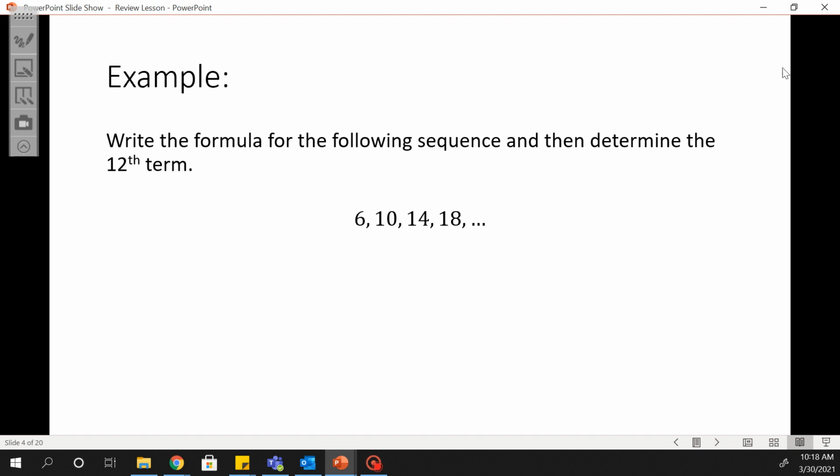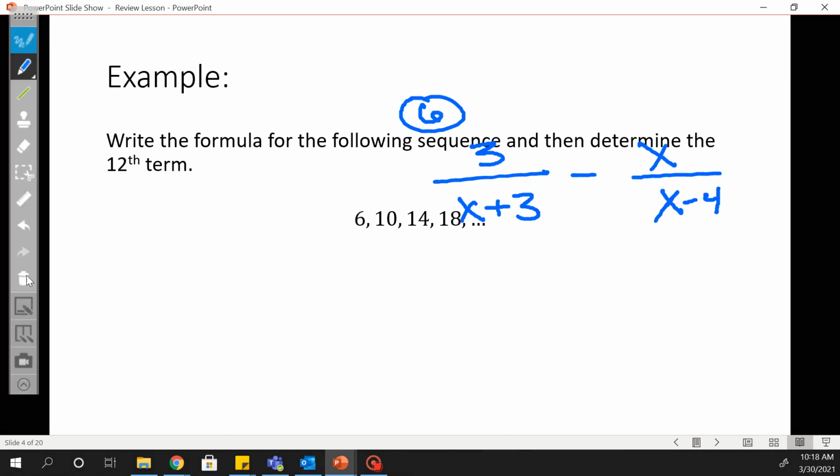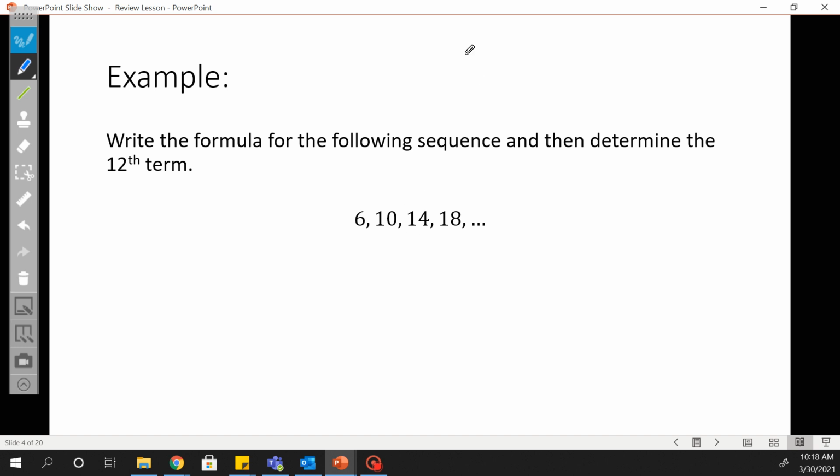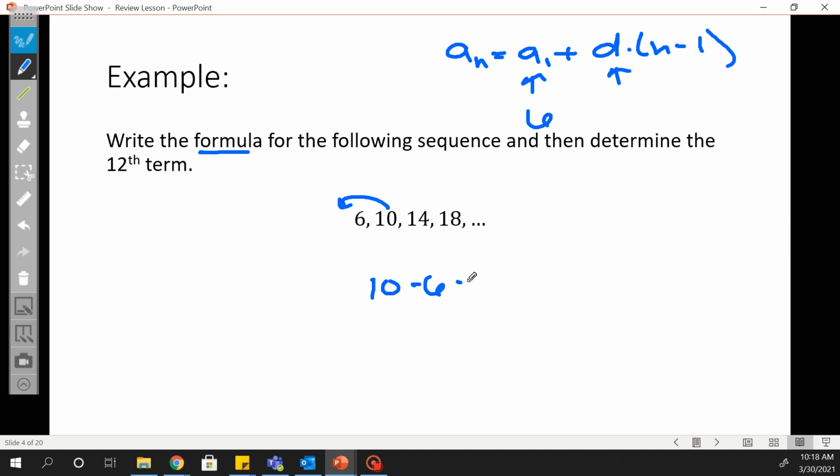An example of this type of problem that you might see: write the formula for the following sequence and then determine the 12th term. Our formula is an equals a1 plus d times n minus 1. To write the generalized formula, you only need to replace these two: the first term, which here is 6, and the difference, which you find by subtracting 10 minus 6, which is 4.